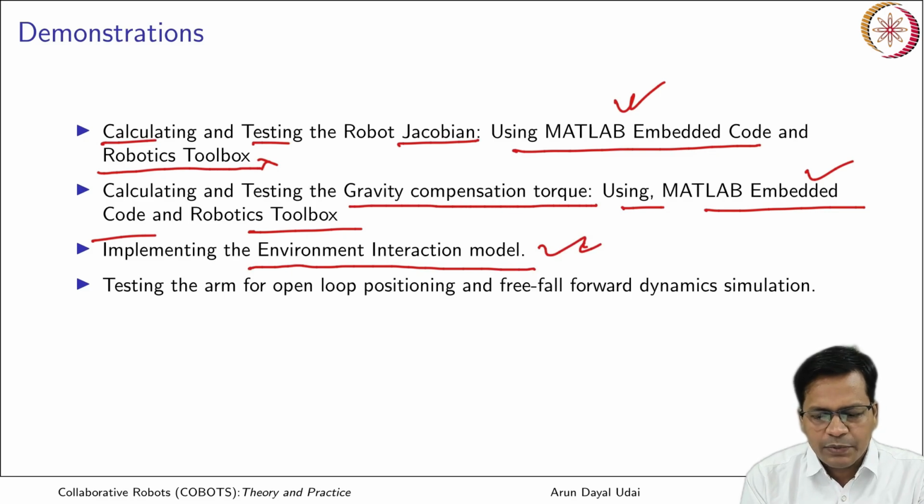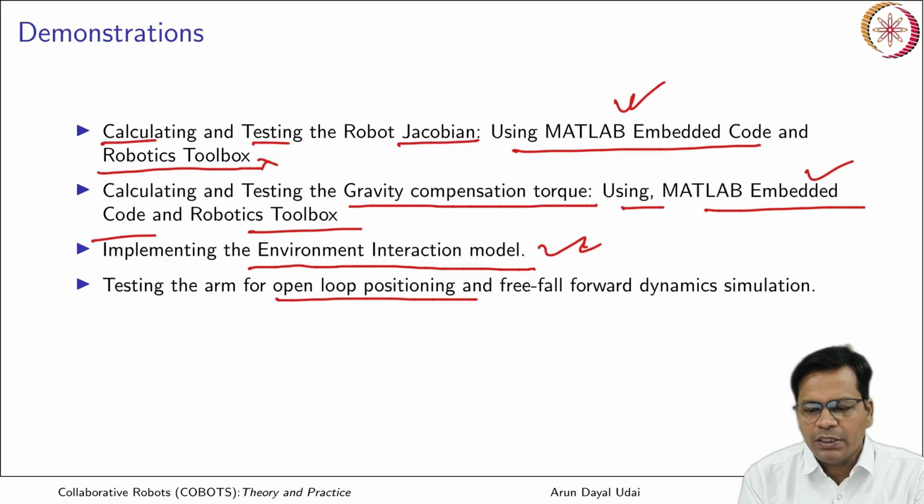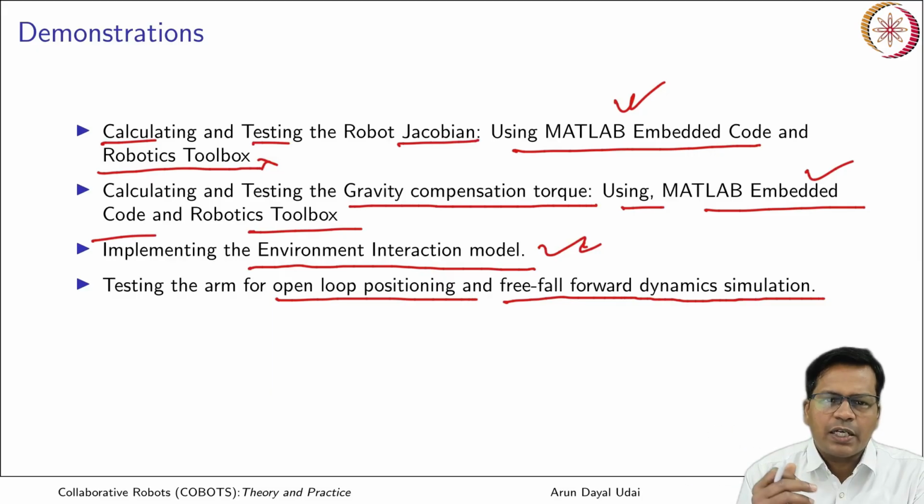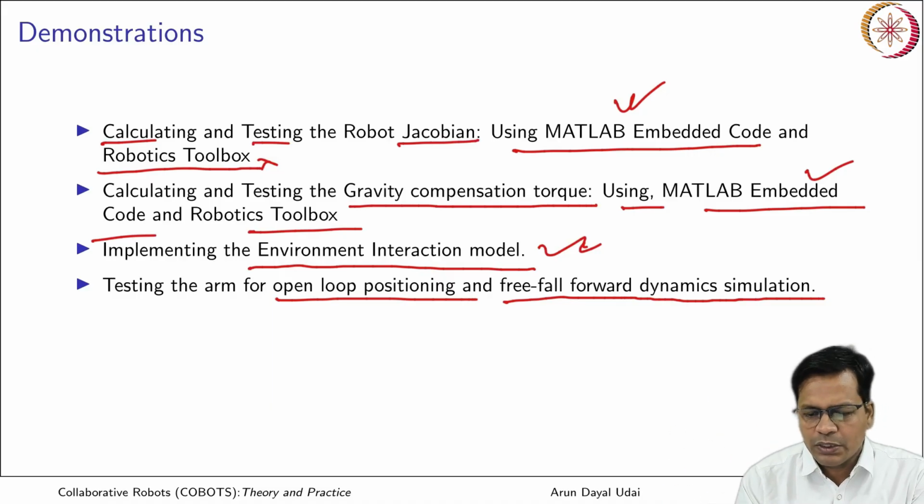I have checked the robot for open loop positioning, and we have also seen free fall under forward dynamic simulation. We removed the gravity compensation torque and saw the robot falling on its own, with zero torque at the input. That was the forward dynamic simulation of the 3R spatial manipulator.